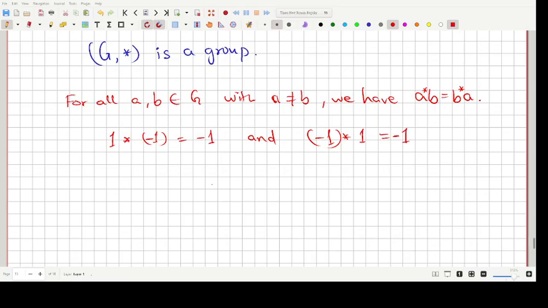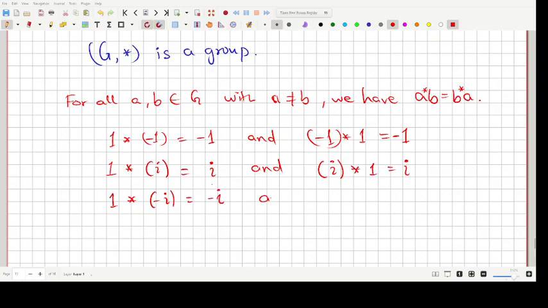So this is also negative 1. So both of these are equal. Also if we do 1 star i, that gives us i, and of course if we reverse the order, i star 1, that will also give us i. 1 star negative i equals negative i.